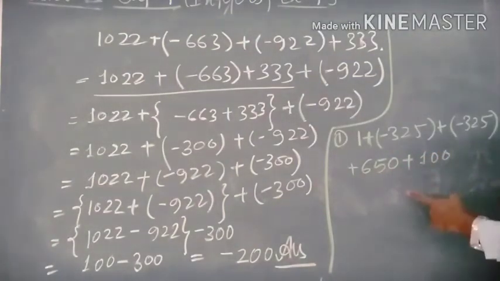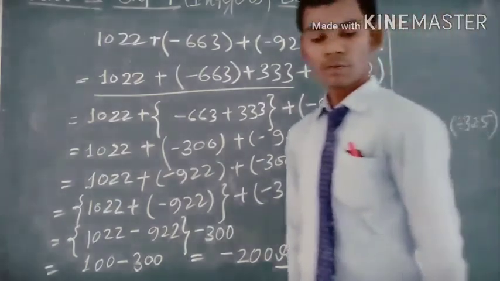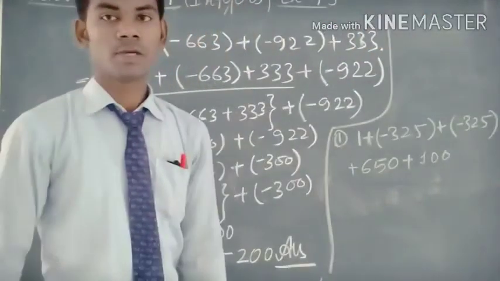This is one complete question because there is no more space, that is why I wrote here. So this is the first question that you have to solve at your home.